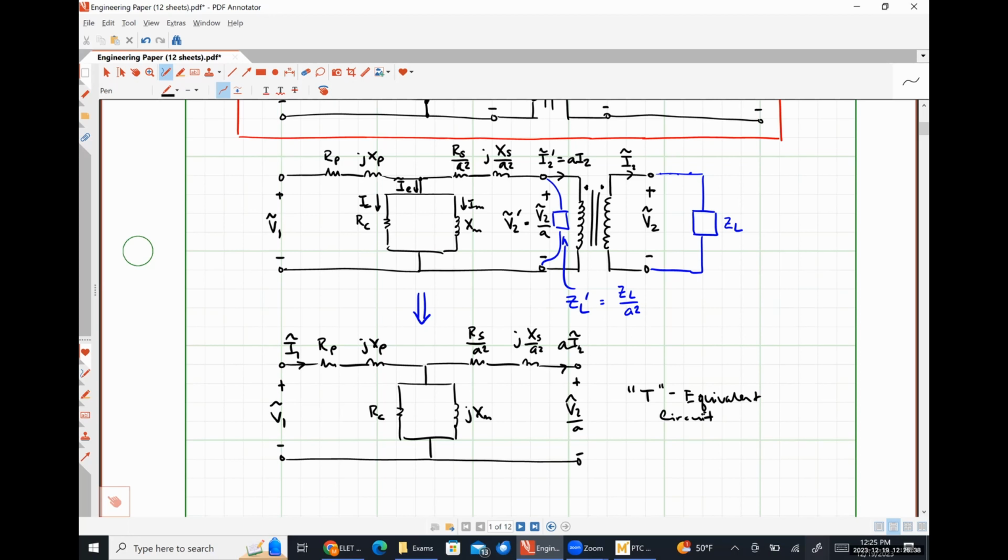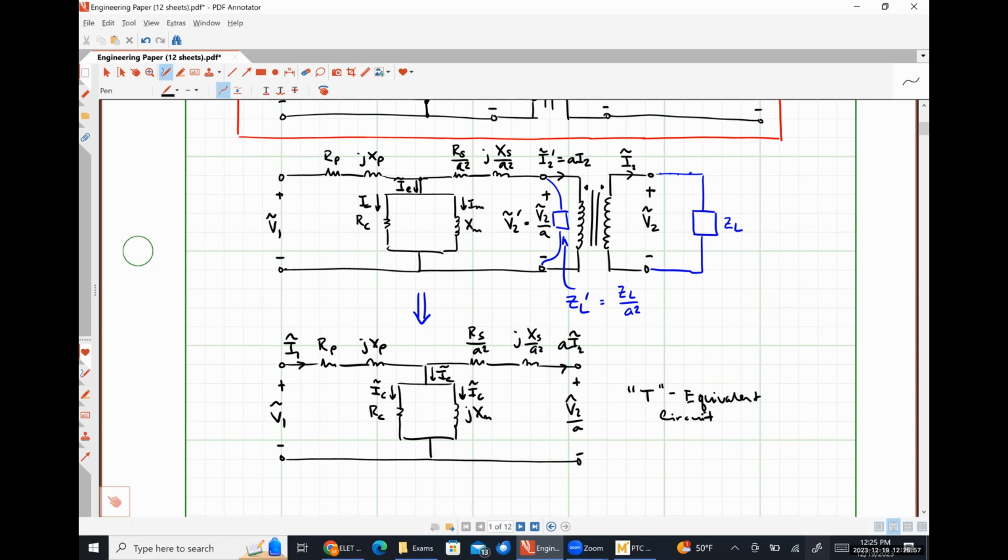We can actually make this even easier. Okay. So let me do something really quickly here. I'm just going to put my excitation current in, my core current, and my magnetizing current.